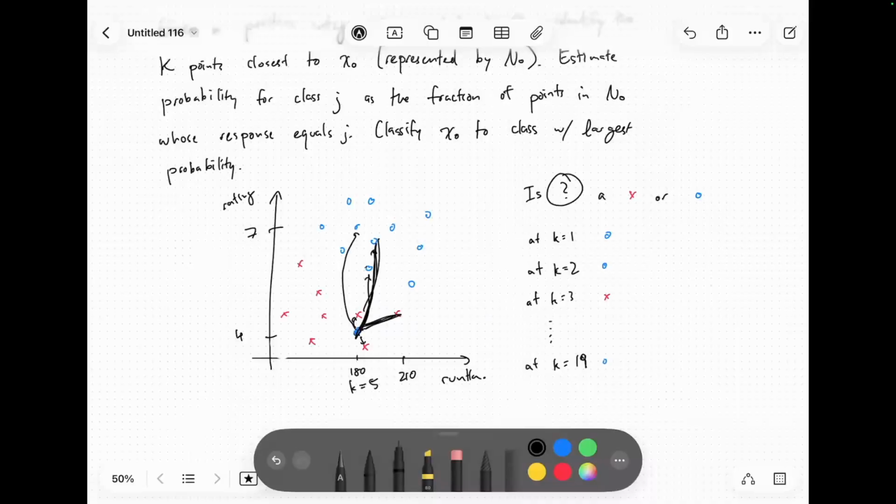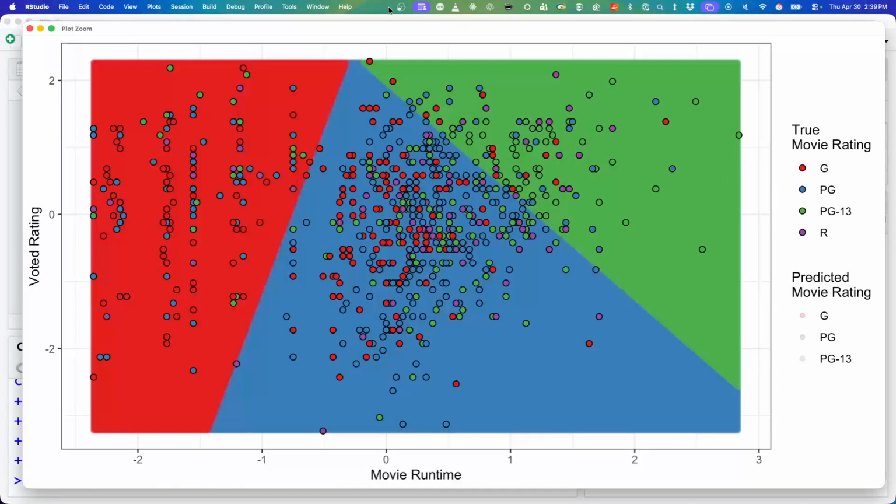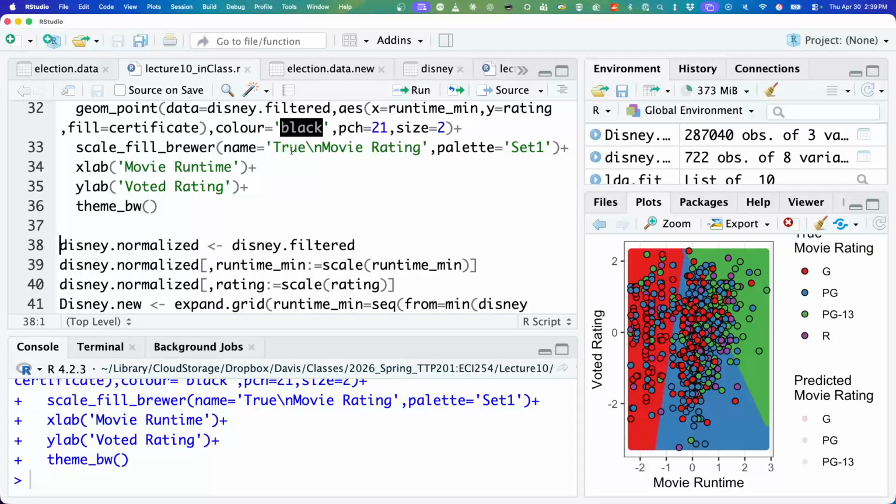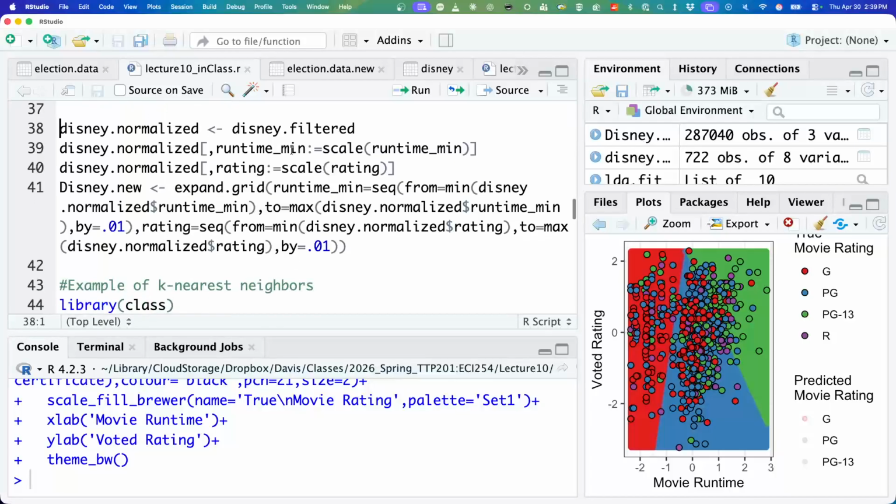Any other questions? Okay, so let's take a look at this example. I'm moving a little bit faster through here, so I'll leave this as reference for you guys.